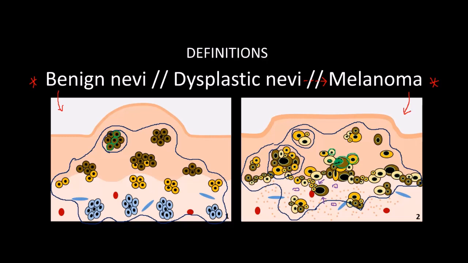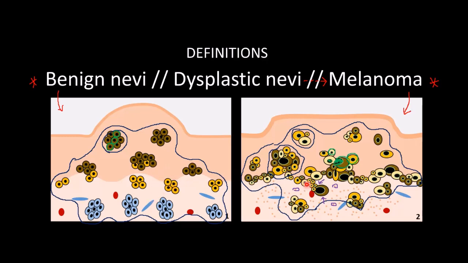Now at this point, you might be wondering, where do dysplastic nevi fit on this histological spectrum from benign nevi to melanoma? And suffice to say that dysplastic nevi are somewhere in between the histological features discussed for the benign nevi and melanoma.